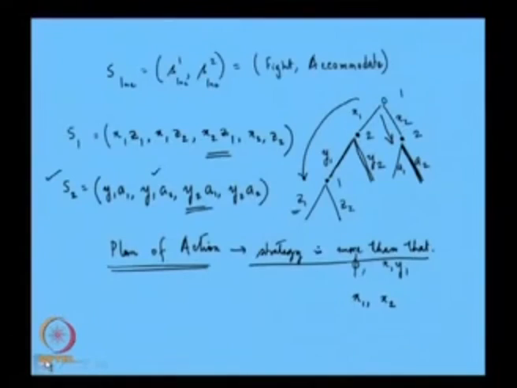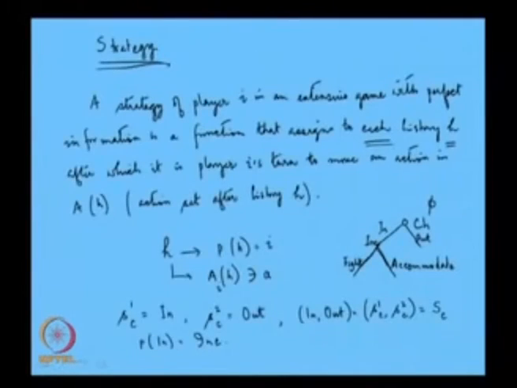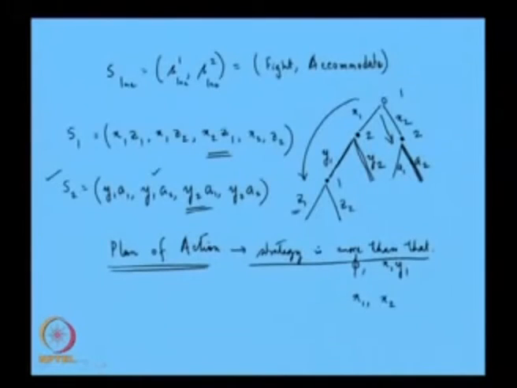But still I have to mention z1 or z2, because going by the definition, what is the definition? It is a function that assigns each history h, after which it is player i's turn to move, an action in h. So, it does not matter if this history x1 y1 happens or not, and in fact it is going to be ruled out if the action is x2.